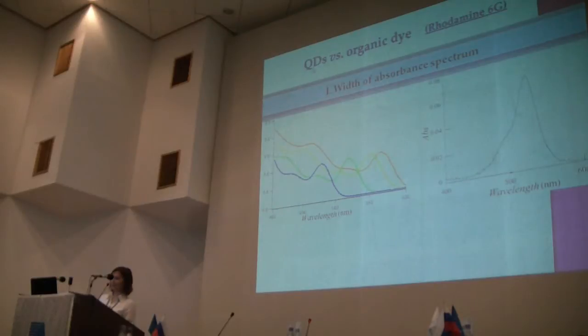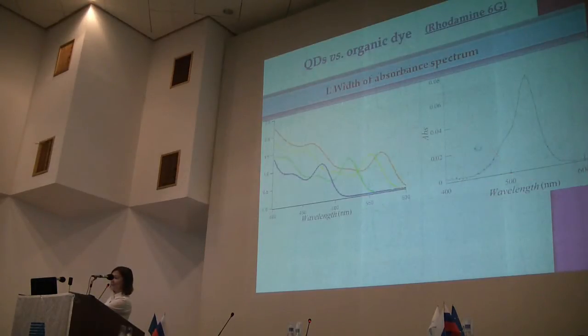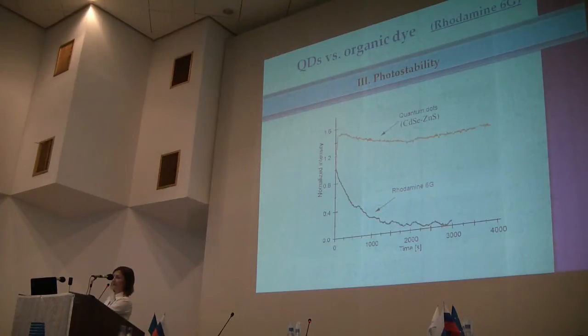What do we have in comparison between quantum dots and organic dyes? Quantum dots have a wider absorbance spectrum than organic dyes. Second, they have a narrower fluorescence spectrum than organic dyes. This gives a very good possibility for multiplexing, because a very wide absorption spectrum makes it possible to excite different quantum dots in one spectral region.